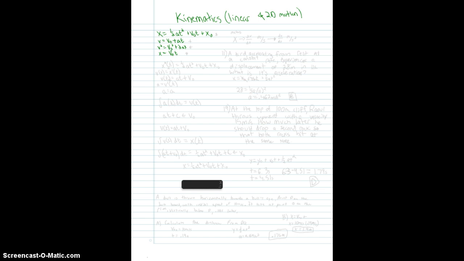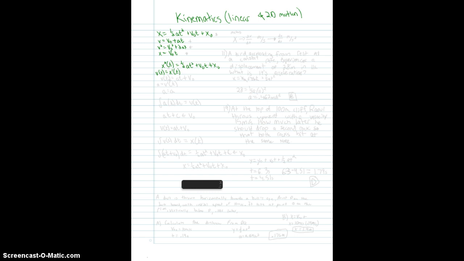Alright, with these, the calculus behind this is just x of t equals 1/2 at squared plus v sub o t plus x sub o. Now to get the velocity in terms of t, it is the derivative of the displacement.